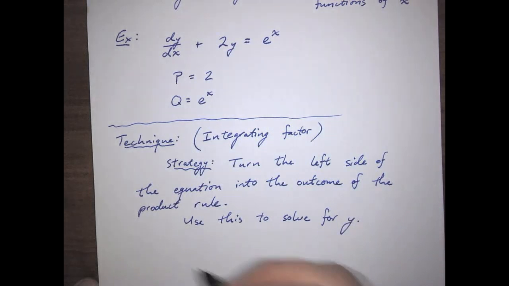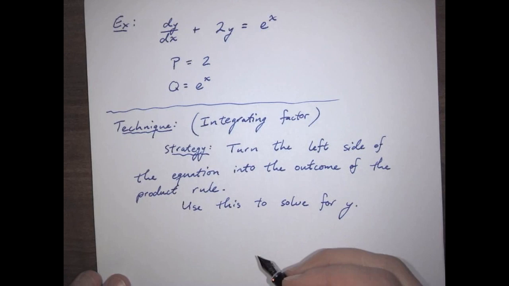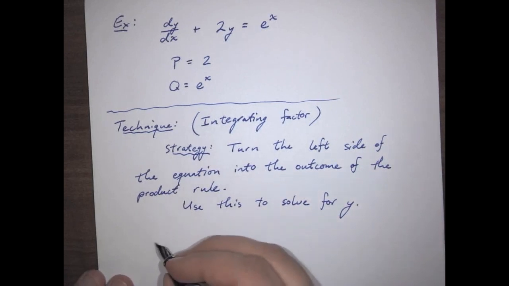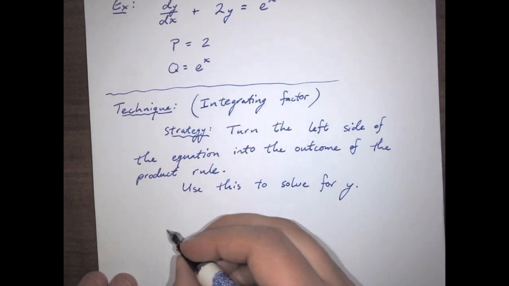The stepping stone we're going to need to go from what we have here to the product rule is the integrating factor, which we'll call rho.